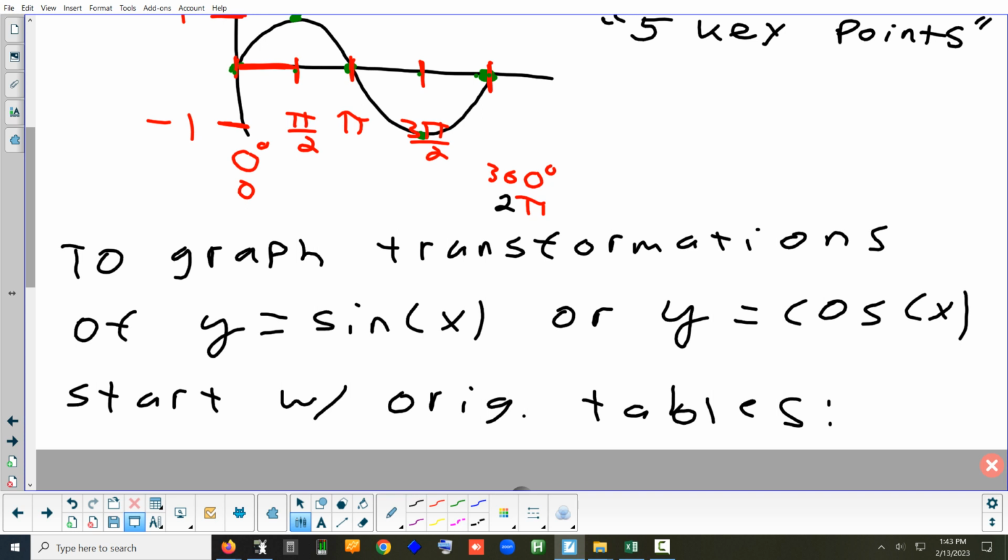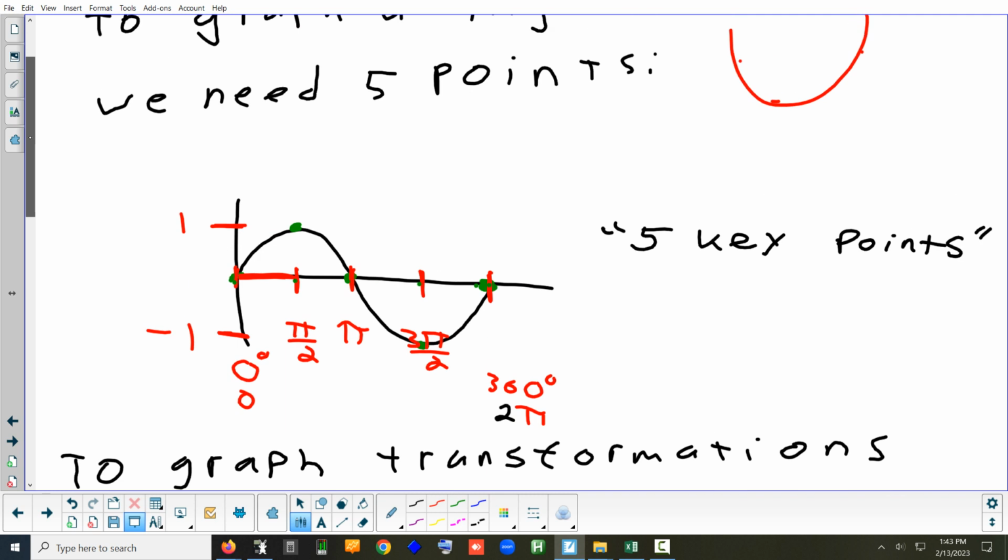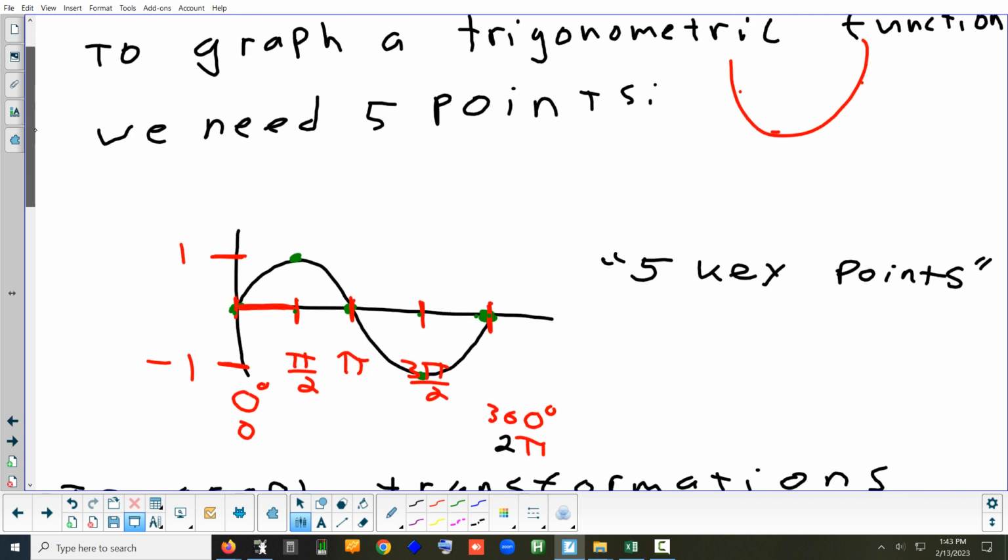So what we're going to do is we're going to graph transformations. In order to be able to graph a transformation, first thing you have to know is, where did the graph start? That's a pretty accurate picture for sine. All those points are correct.